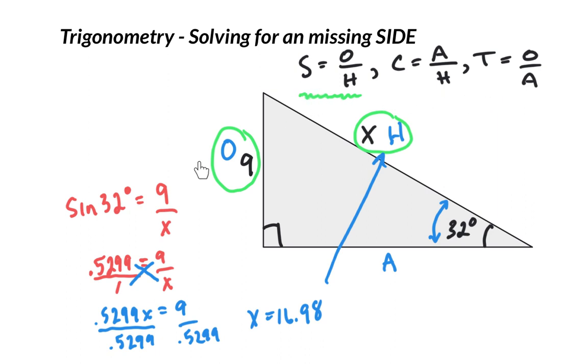Once you make that decision, say the trig function of the angle equals, and then set it up. For us, it was sine, so it was opposite over hypotenuse. For a cosine, it'd be the adjacent. Do not be afraid to put the x wherever it belongs, and then type in on your calculator to get this value, and then cross multiply and solve.